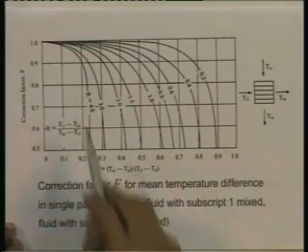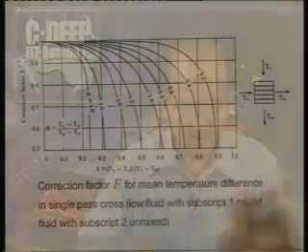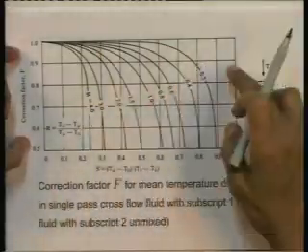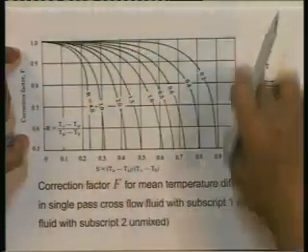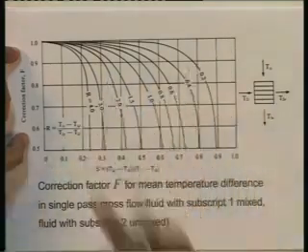The nature of the curves is of course the same, keep that in mind, but the values are very different for the different cases. Again it is F plotted against S with r as the parameter varying from 0 to 4. 0 is the horizontal and the vertical line, then 0.2, 0.4, 0.6, 0.8 all the way up to 4.